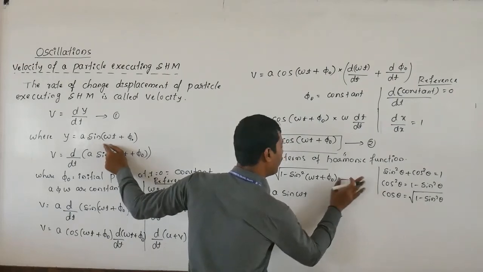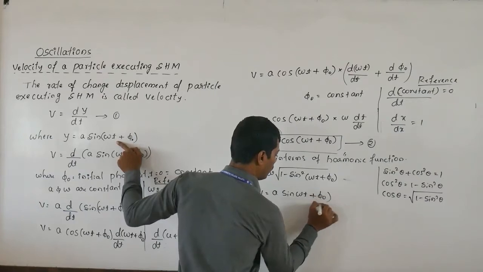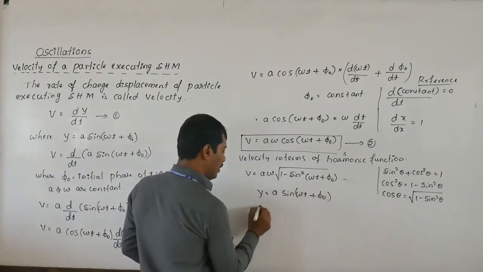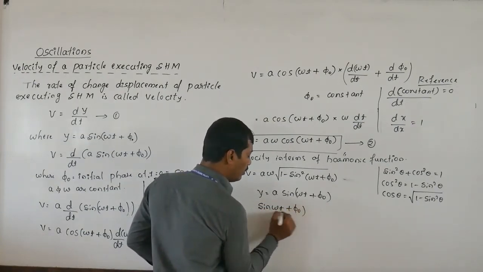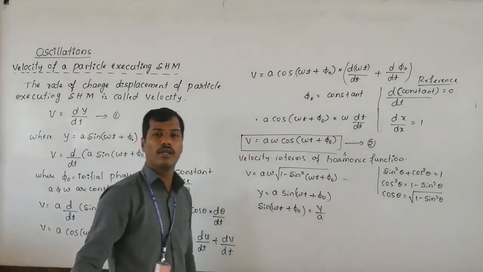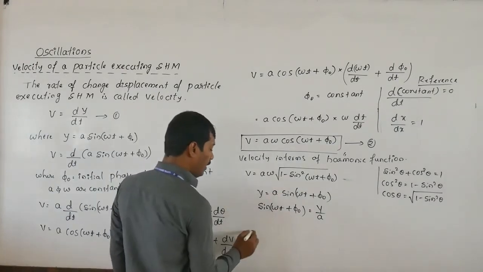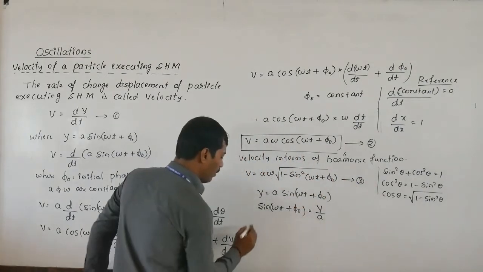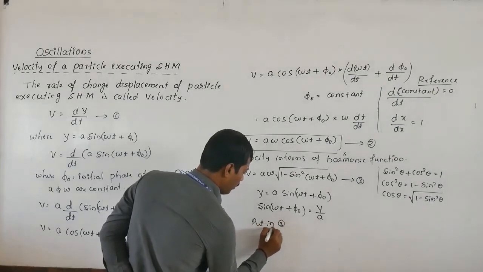We want the sine of omega t plus phi naught, which becomes y divided by a. Then put this in equation number 3.